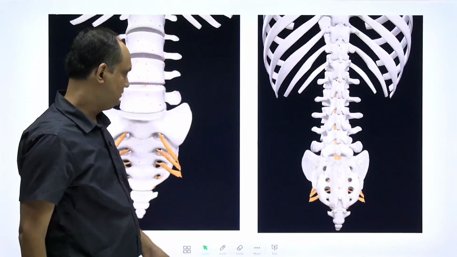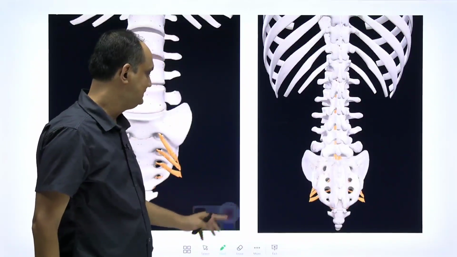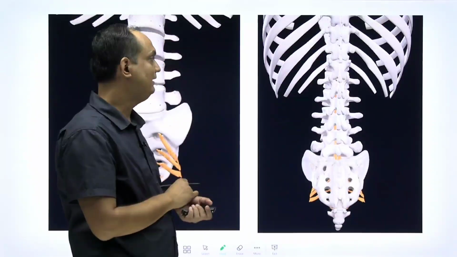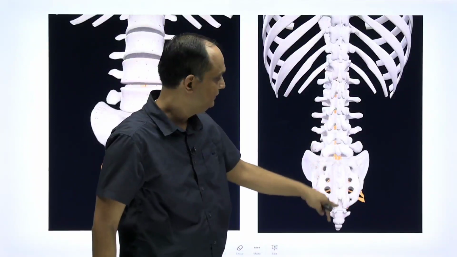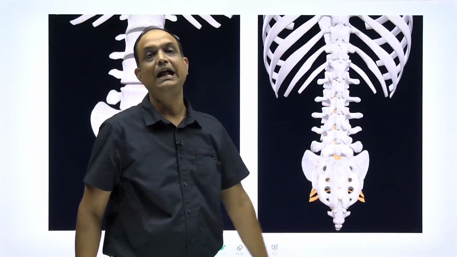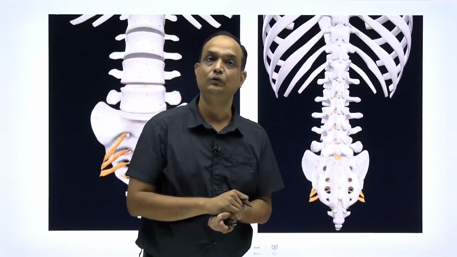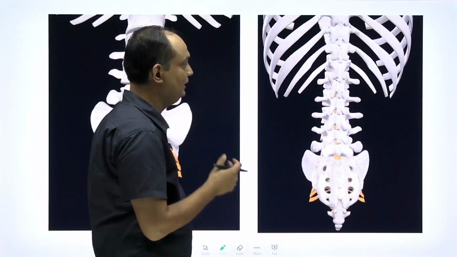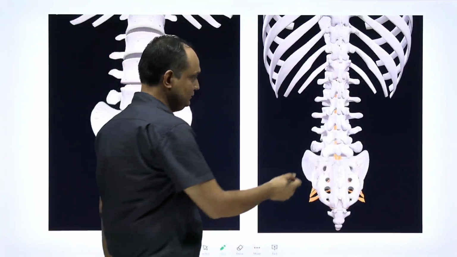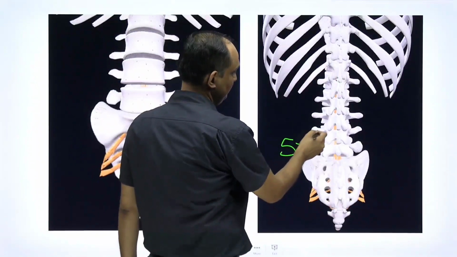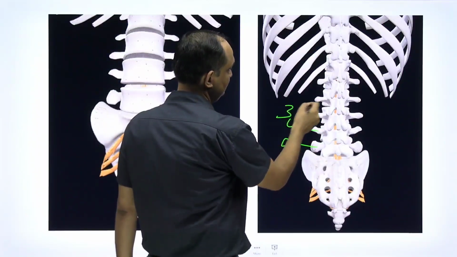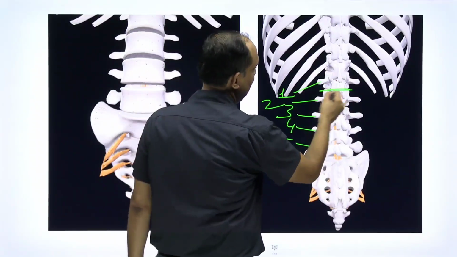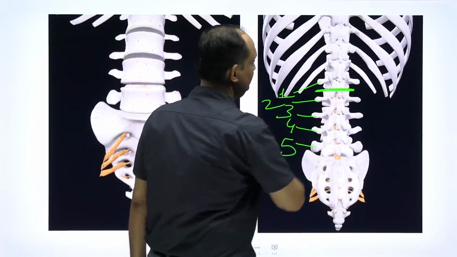Now in this image, when we talk about the spinal cord, my dear students, you have to understand that the spinal cord does not come downwards. It ends at the level of the L1 and L2 vertebrae. In this diagram, this is L5, this is L4, this is 3, this is 2 and this is 1. That means the spinal cord ends here between L1 and L2.